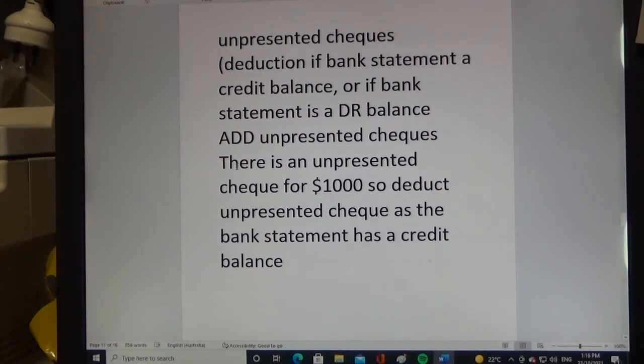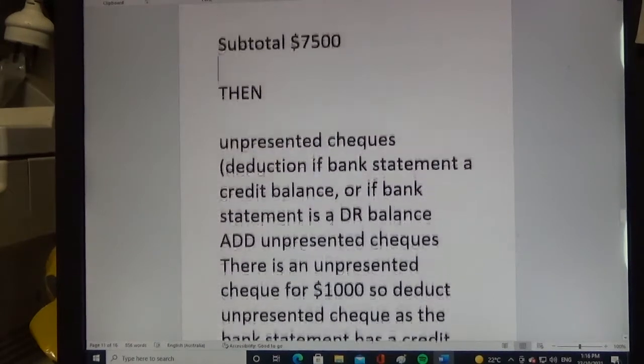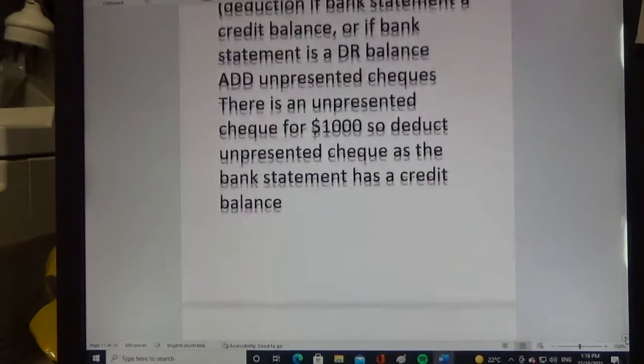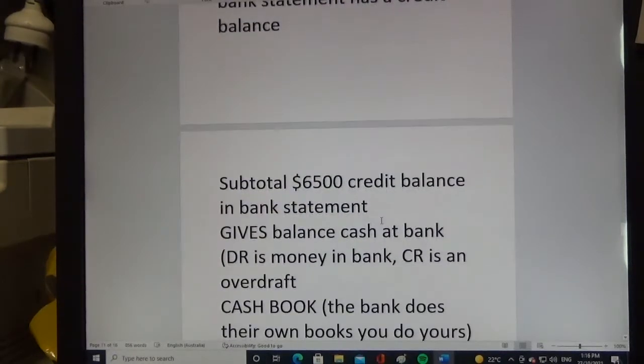So there happens to be an unpresented check for $1,000. So going along with the methodology, we deduct unpresented checks from the last subtotal, which is 7,500 minus 1,000 gives you a new subtotal of 6,500.